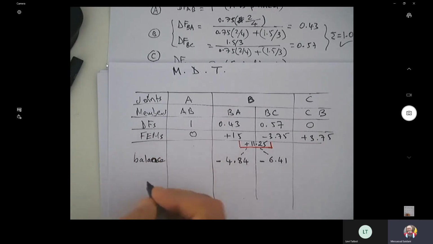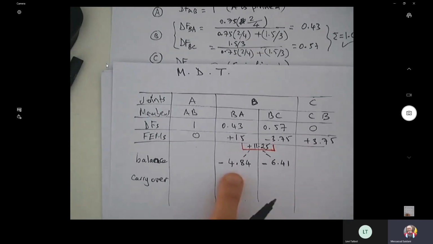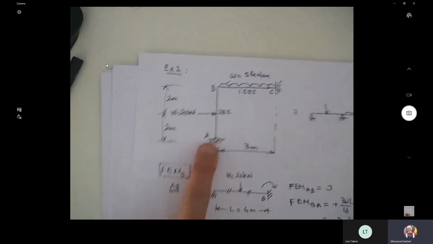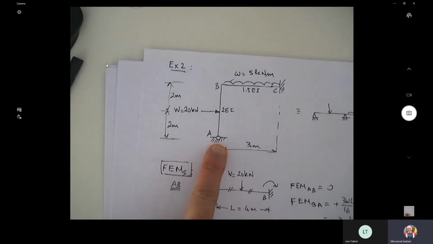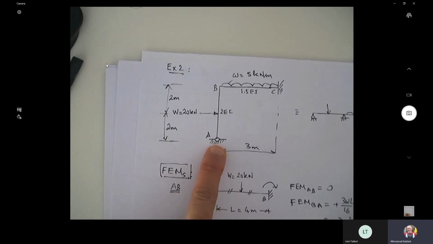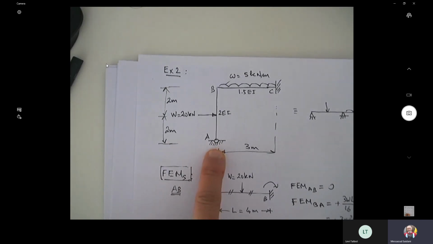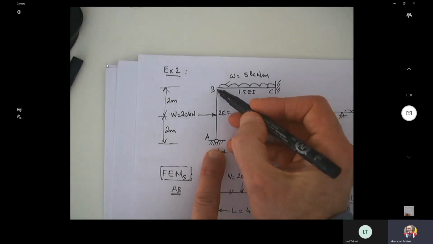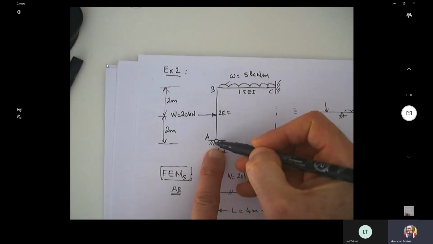Balance. Okay, and now we carry over. So do we carry over from B to A? No, because, yeah, this is why you need to be careful. A is pinned, so there is no carryover from B to A. Is that clear?